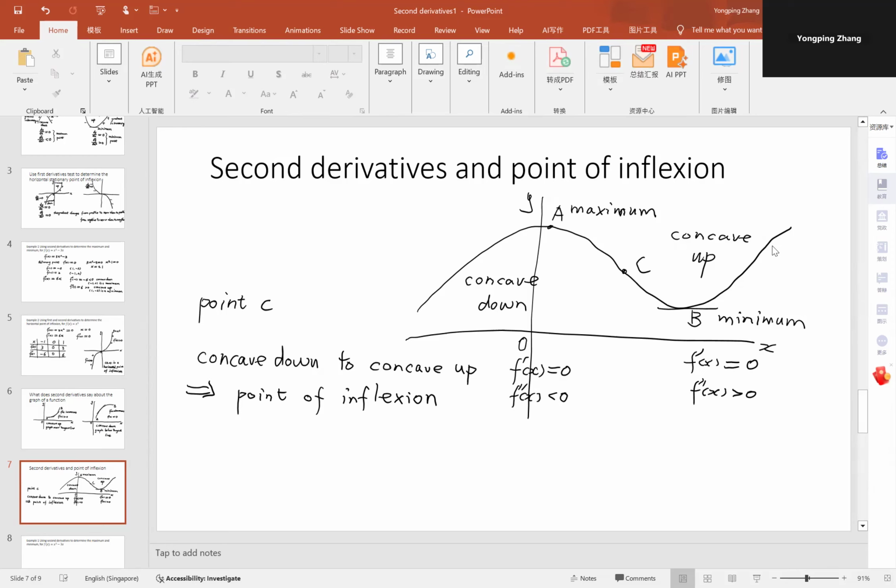From here we can see that the second derivative confirms the local maximum and minimum.